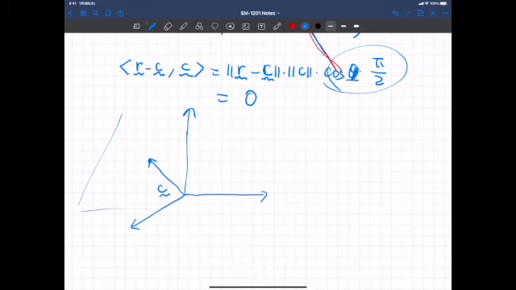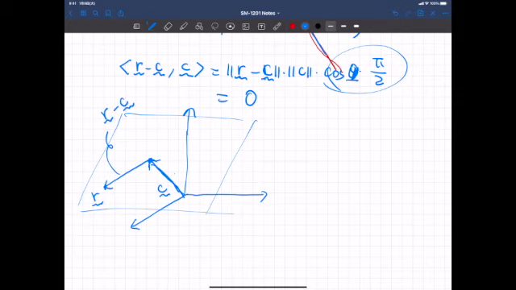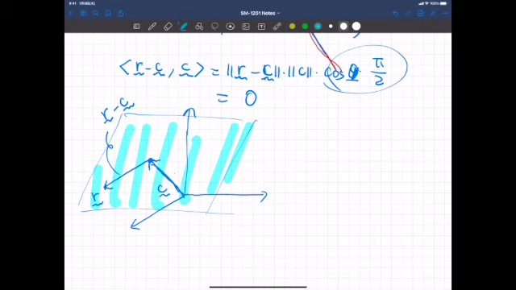If we have any plane perpendicular to this vector C, then for any point R, if we take this difference, this vector represents R minus C. But since this plane is perpendicular to this vector, we have the right angle.